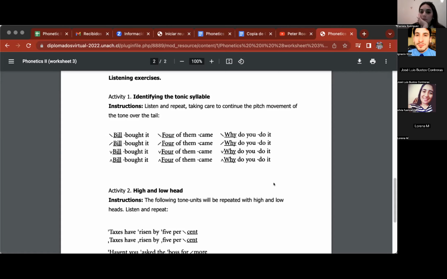Bill bought it. Bill bought it. I don't know, the number 3, it's rise low, right? A full rise. Oh, full rise. Oh yeah, that's right. Can you say it first again? Sorry. Yeah, like Bill bought it.